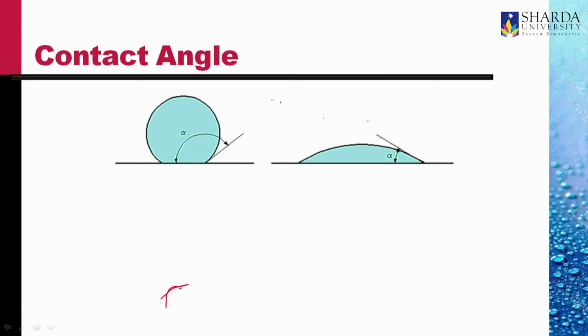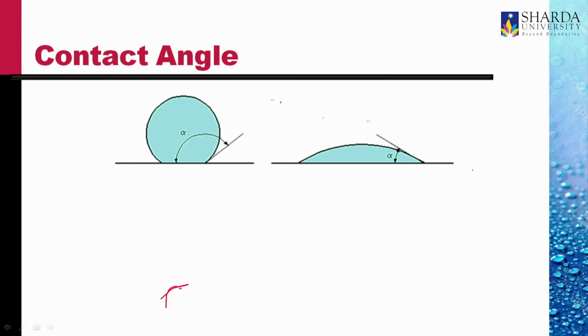These are surfaces. In wetted surfaces, the contact angle is low. On glass, water has a very low contact angle, almost zero. Water wets the glass almost completely.